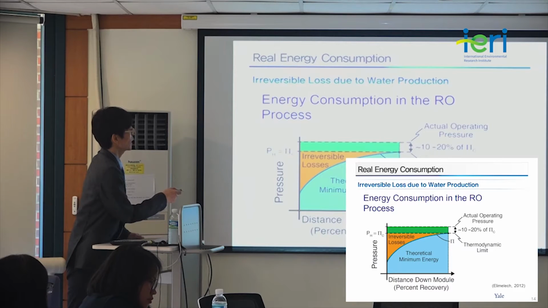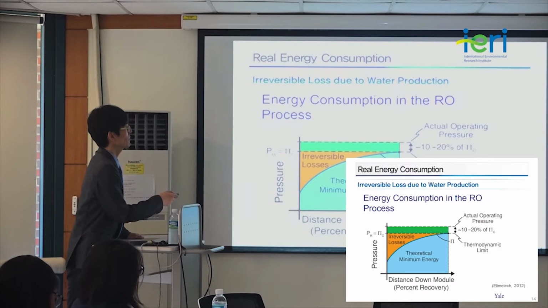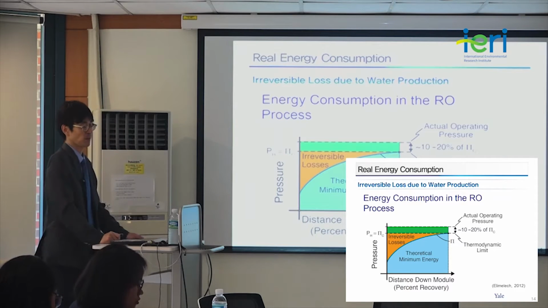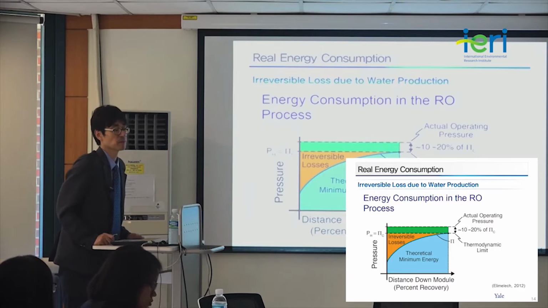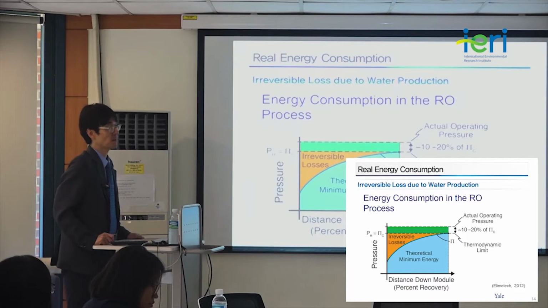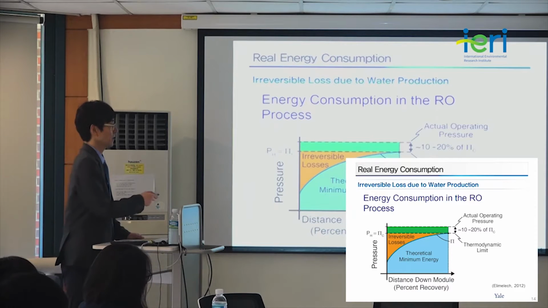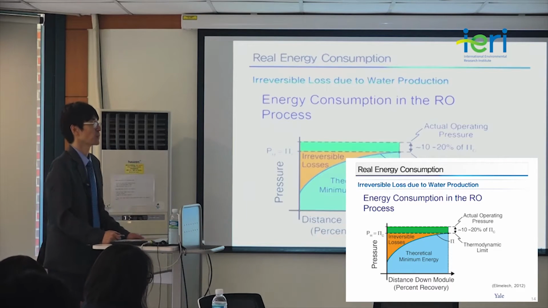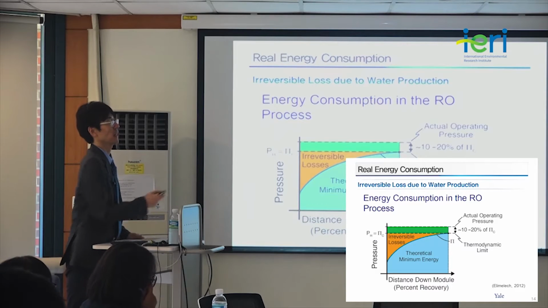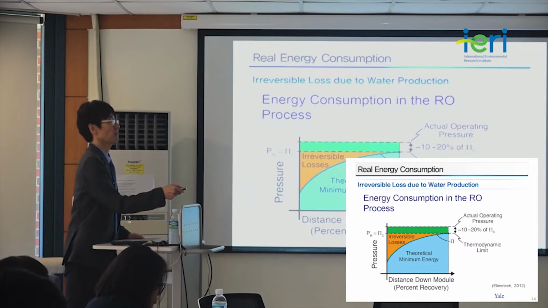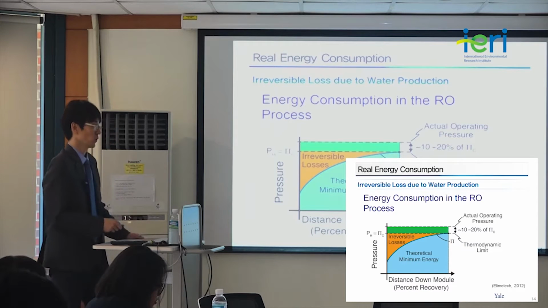This is the actual operating pressure, which is around 10 to 20% of the brine osmotic pressure. So if we have a brine osmotic pressure of 55 bar, we need at least 5.5 bar or 6 bar of the actual operating pressure. So this is why we have to apply 60 bar instead of 55 bar in real cases, because we want to have water here.